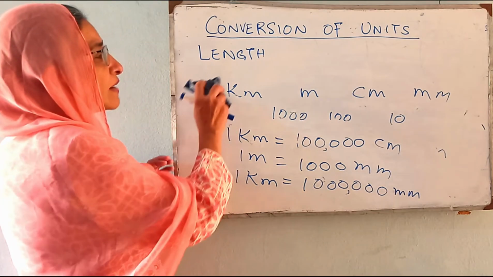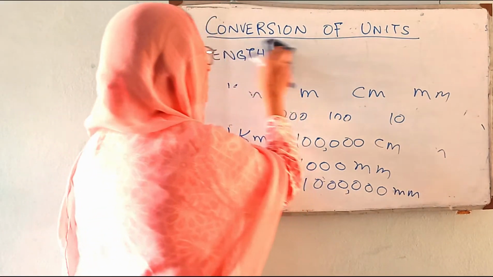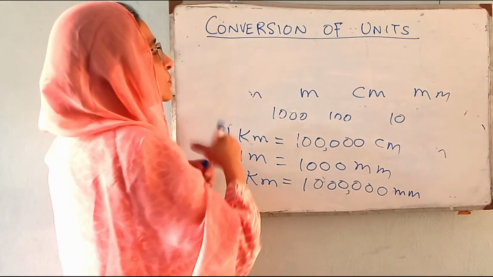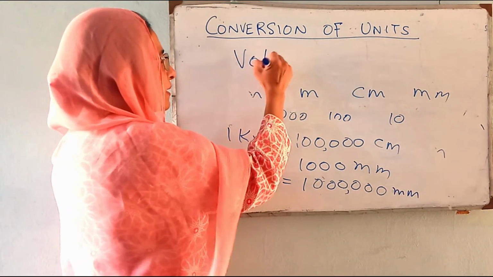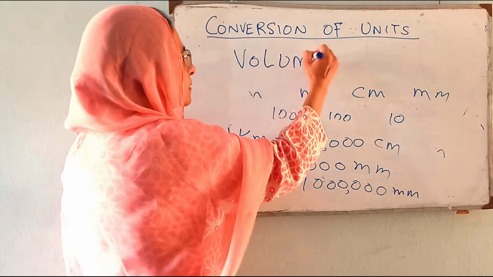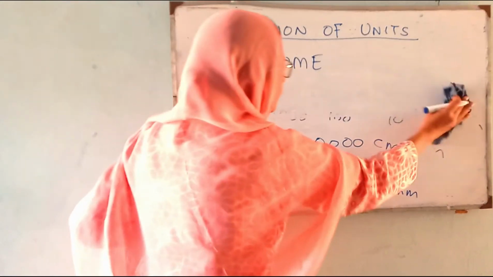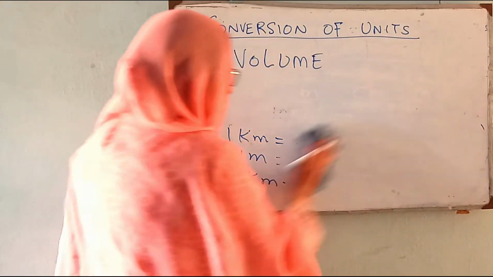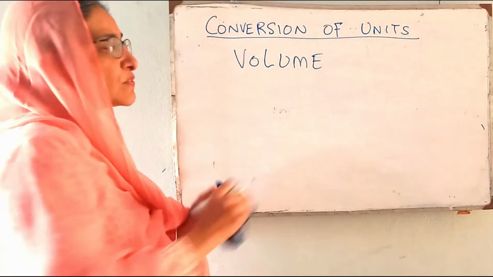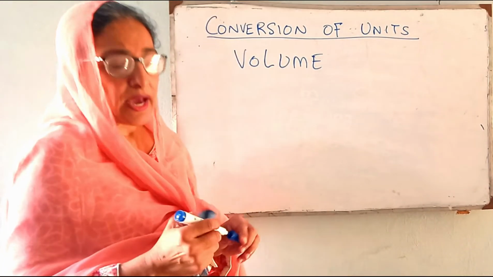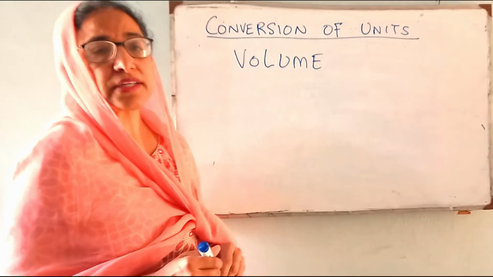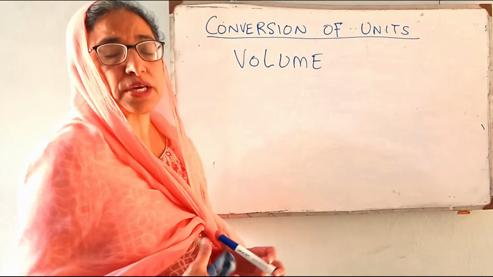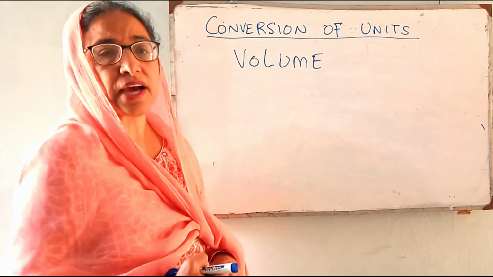But suppose we have units for volume, and we want to convert units of volume. As you know, volume is related to 3D shapes, which means three-dimensional shapes in which we have length, breadth and height.